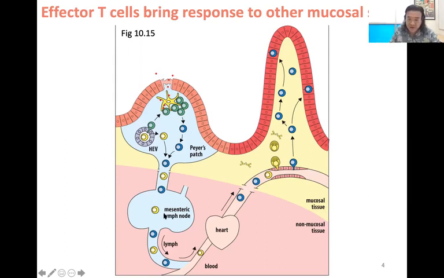And in these mesenteric lymph nodes, then you have the opportunity, right, for naive lymphocytes to activate, just like we talked about before. So the activities inside of a mesenteric lymph node are not that much different than the activities we've learned about in other lymph nodes, like our systemic lymph nodes.